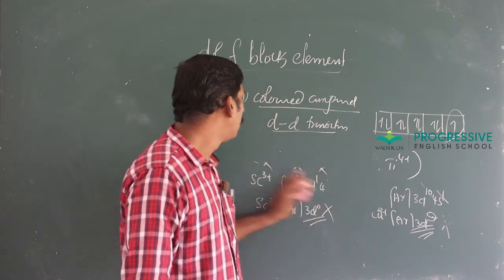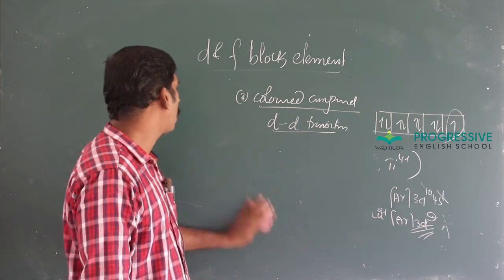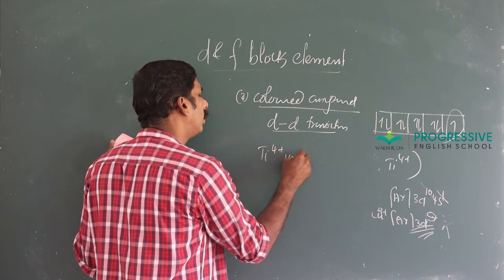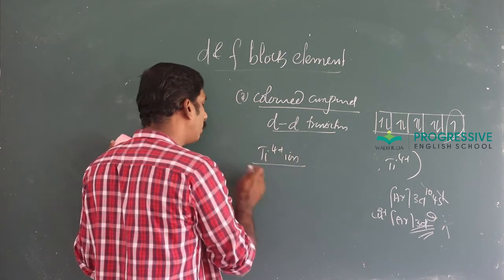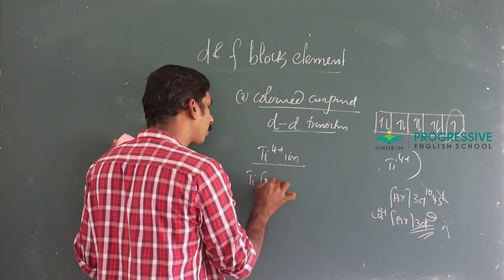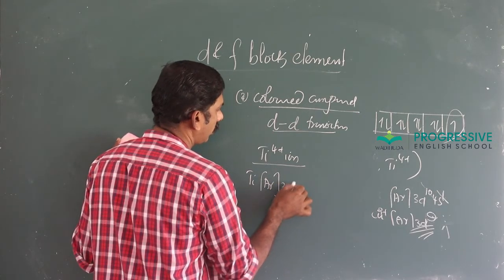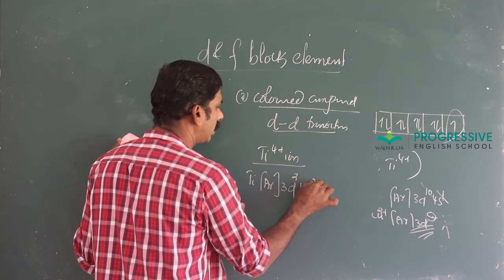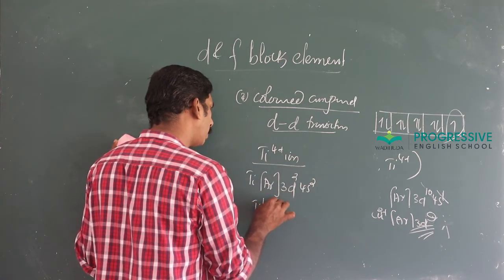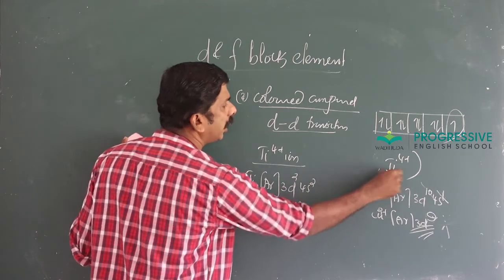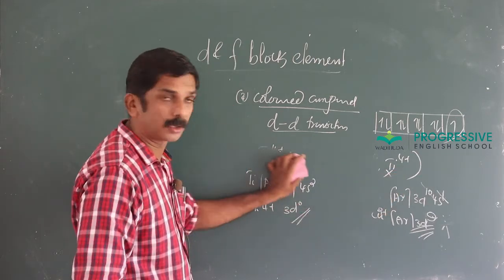And finally we take the titanium 4 plus ion. Ti4 plus means titanium argon core 3d2 4s2, Ti4 plus is 3d0, d0 again colorless.